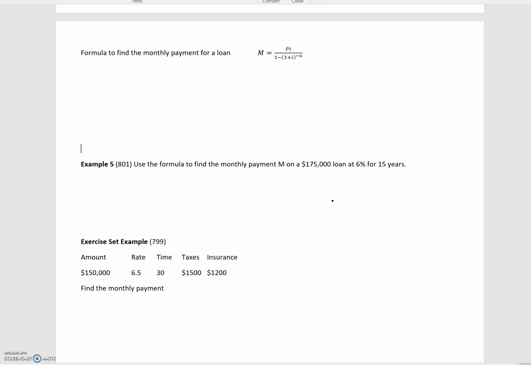Okay, so the P is still the principal. I is the monthly rate. So here it's a little bit different. So the monthly rate. Remember, rate is in regards to percentage. So when we're doing this, we're going to calculate a percent divided by 12.